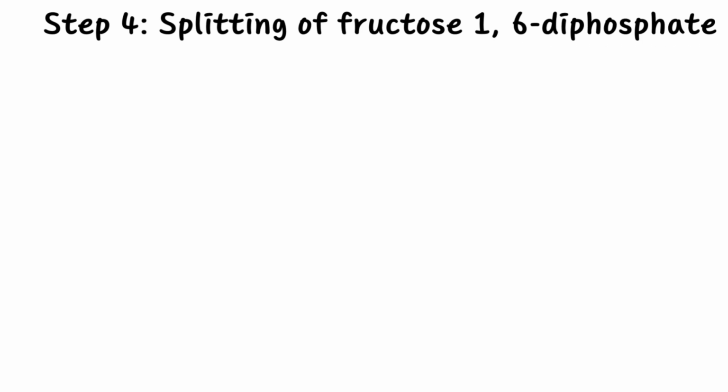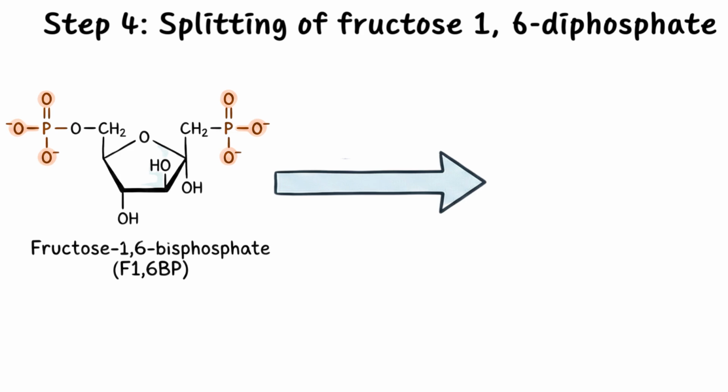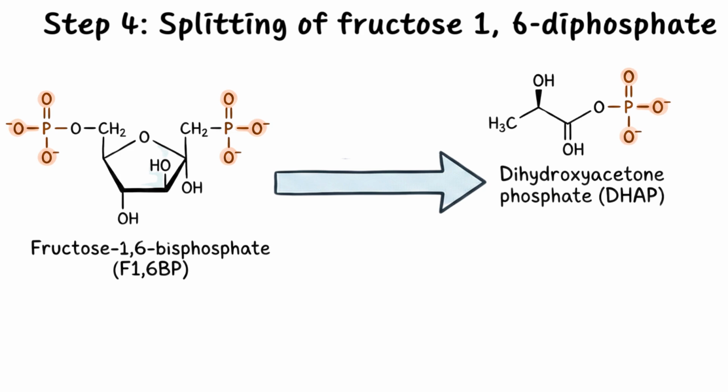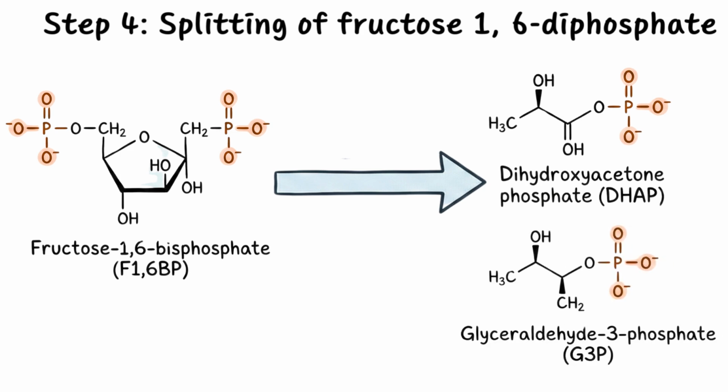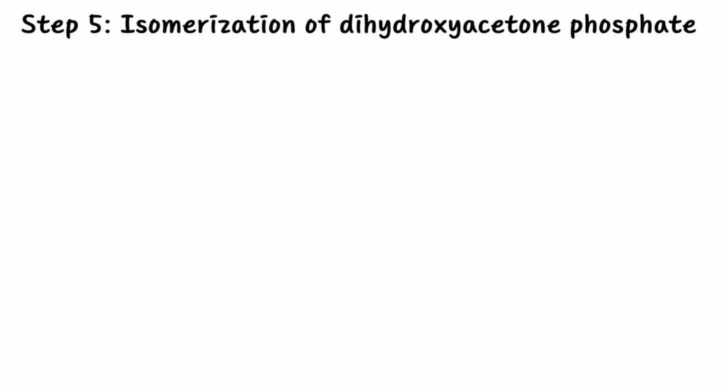Step 4, splitting of fructose 1,6 diphosphate. Fructose 1,6 diphosphate splits into two 3-carbon sugars, dihydroxyacetone phosphate, DHAP, and glyceraldehyde 3-phosphate, G3P, with the help of the enzyme aldolase. Step 5, isomerization of dihydroxyacetone phosphate.